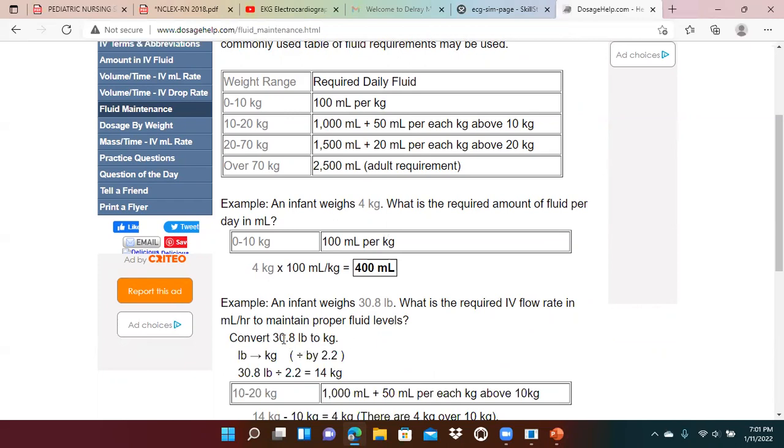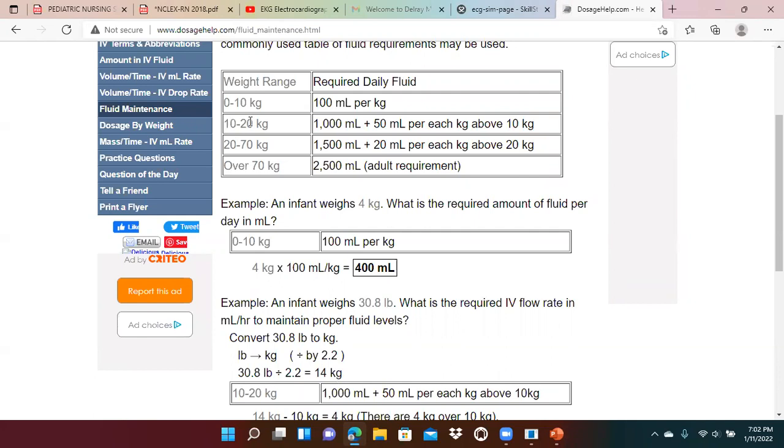So convert 30.8 pound to kilogram, divided by 2.2. So 30.8 divided by 2.2, it is 14. So a small number is converted to a big number, so it is divided by 2.2, because 1 kilogram equals 2.2 pound. So pound converted to kilogram, divided. So how much total? 14 kilogram.